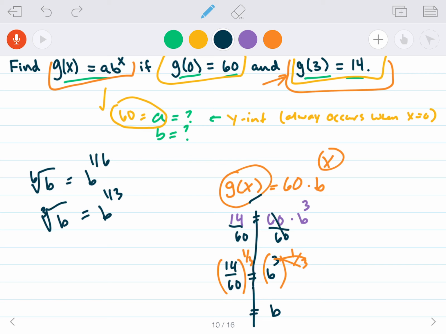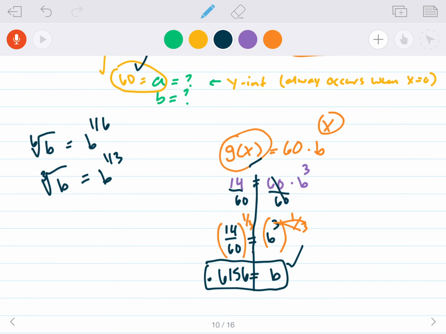And let's go ahead and do some rounding there. So we have 14 divided by 60, raised to the 1 divided by 3. And I'm getting about 0.6156 for my b value. We have a, we have b. Now all that's left to do is write our equation.